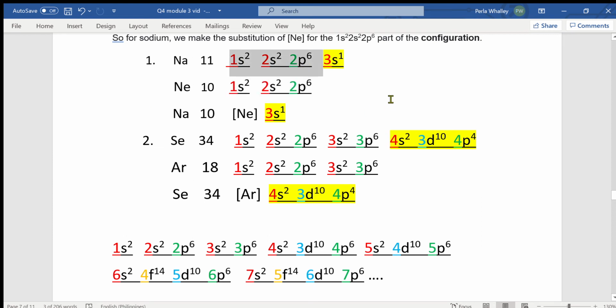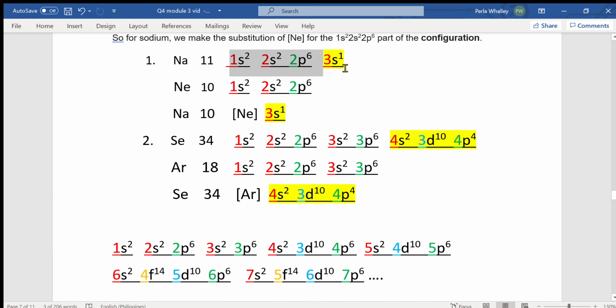See? So 1s2, 2s2, 2p6 is equal to the electron configuration of neon. So we could write neon as a core and place it inside brackets to represent this 1s2, 2s2, 2p6.